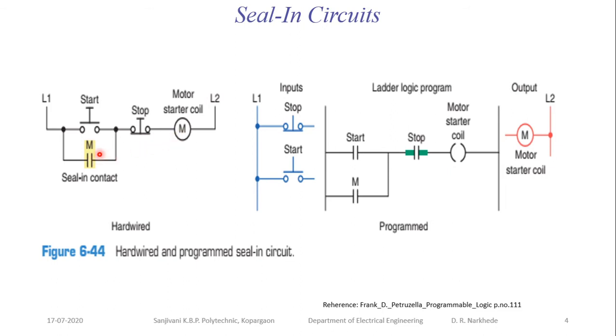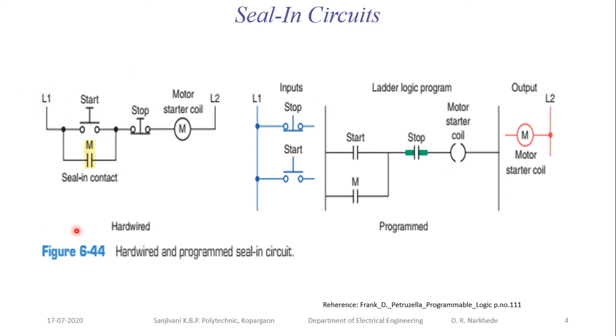Then when the M contactor is energized, its auxiliary contact M is closed. After releasing the start button, the second path for the current is L1 to M, M to stop and stop to the motor, and the motor remains energized, unless and until someone presses the stop button, or unless there is a power failure.